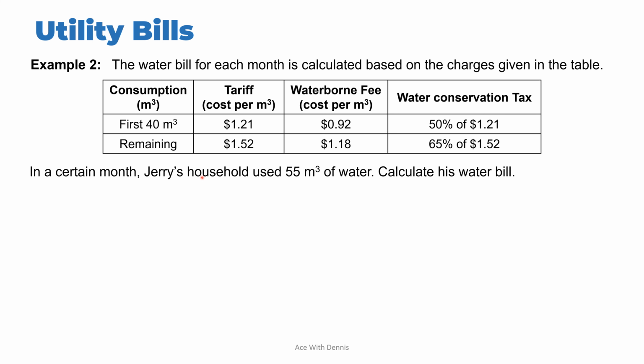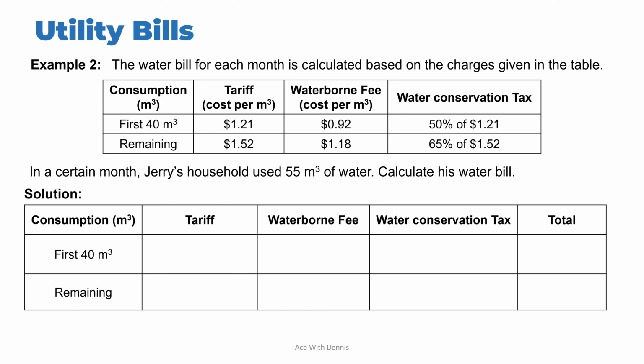All right. So here is the question: in a certain month, Jeffrey's household used 55 meters cube of water. Calculate his water bill. Okay, so here's the solution. We have to calculate all the required charges, like the tariff, water bond fee, water conservation tax, and the total here.